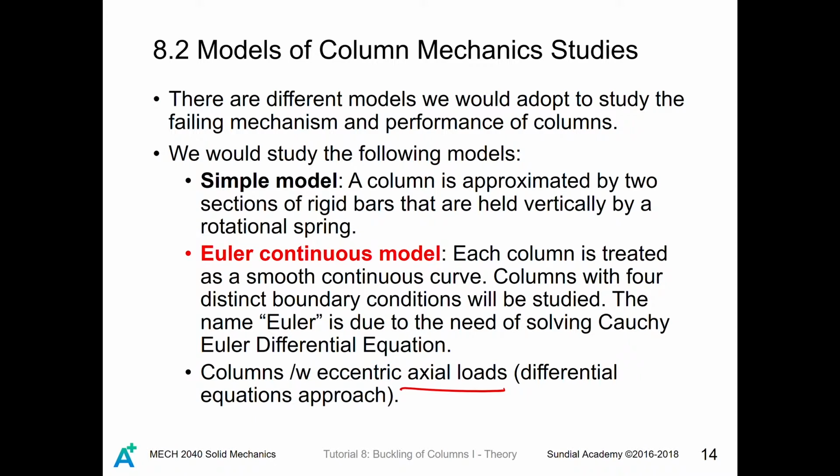Okay. So basically, we have a simple model, in which a column is approximated by two sections of rigid bars that are held vertically by a rotational spring. Also, there is the Euler continuous model, in which each column is treated as a smooth continuous curve, and columns with four distinct boundary conditions will be studied. The name Euler is due to the need of solving Cauchy-Euler differential equations.